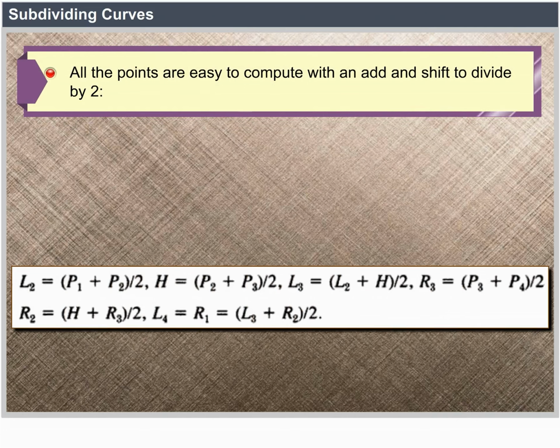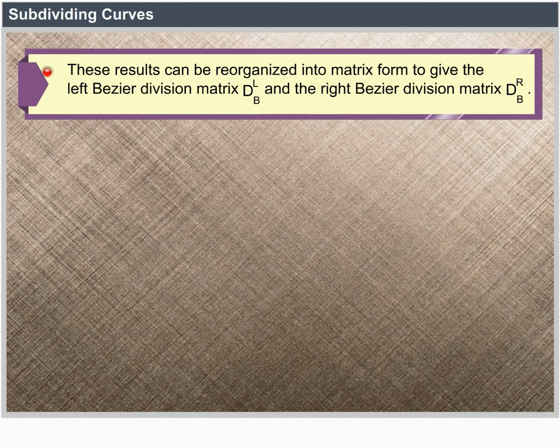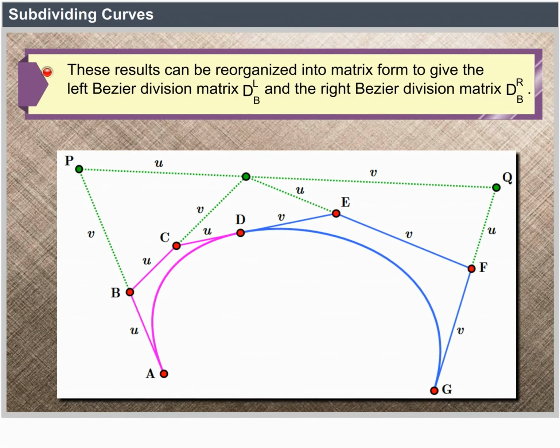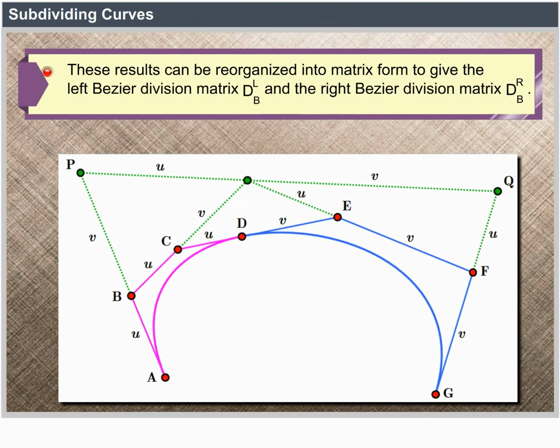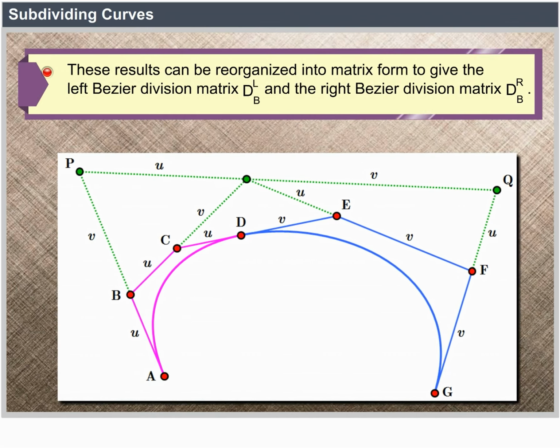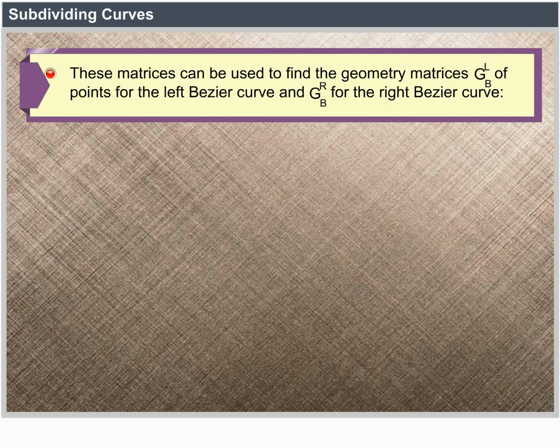These results can be reorganized into matrix form so as to give the left Bezier division matrix DLB and the right Bezier division matrix DRB. These matrices can be used to find the geometry matrices GLB of points for the left Bezier curve and GRB for the right Bezier curve as shown.